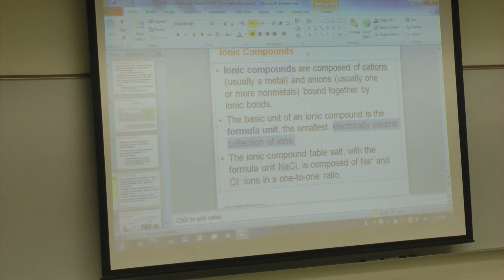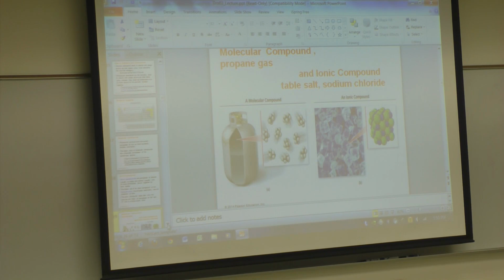The ionic table salt, therefore, has a formula unit of NaCl composed of Na+ and Cl- ions on a 1-to-1 ratio. So a molecular compound, just like propane gas or water, or carbon tetrachloride, and an ionic compound, like table salt.